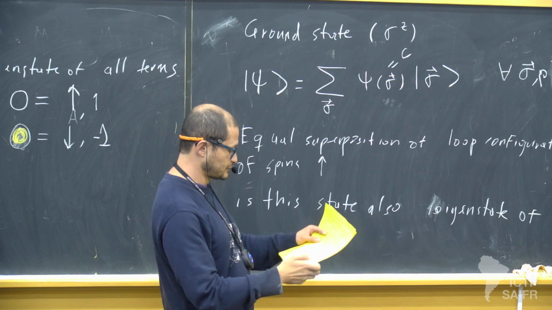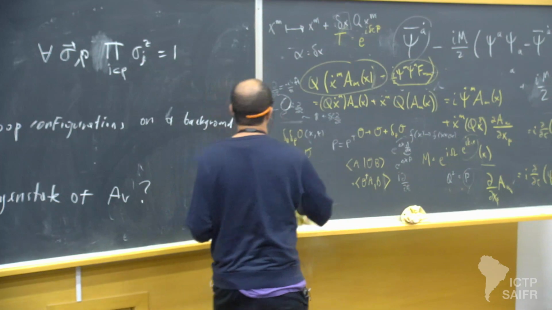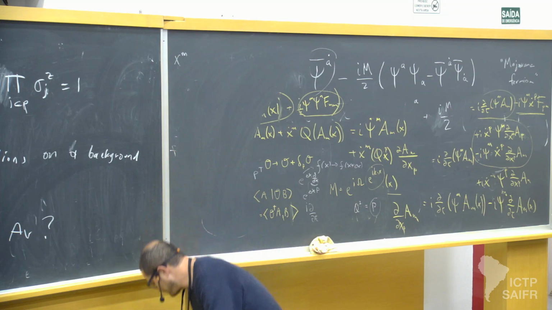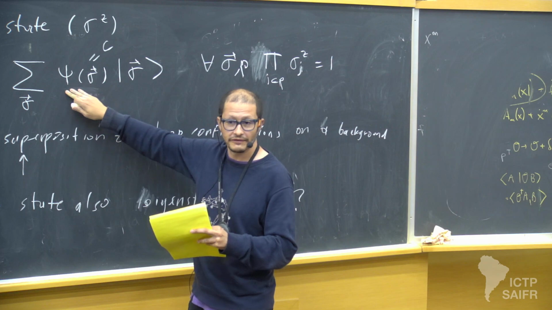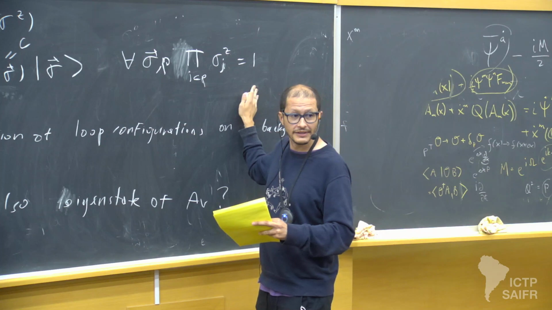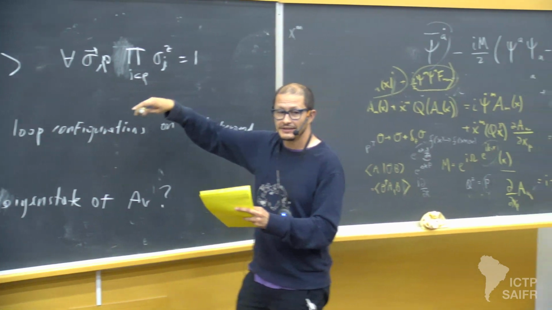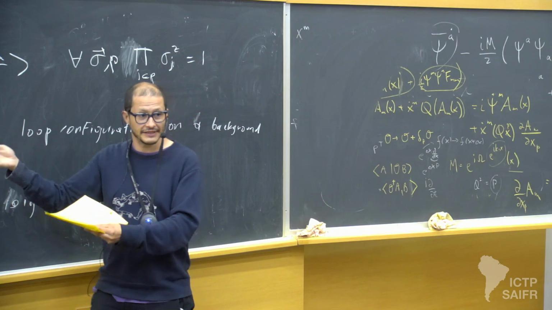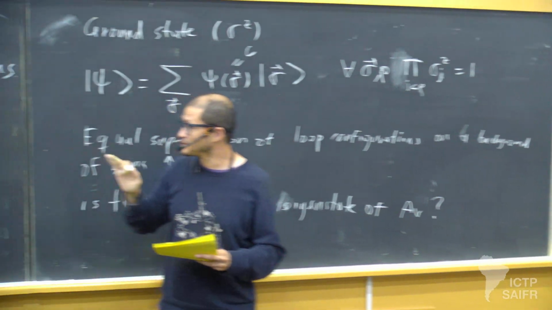And let me just give you a visual explanation for why this is true. If the wave function is constant for all the configurations where this is true, then when you apply this operator on that state, you'll get back a new configuration that satisfies the loops, okay? And let me show you how.